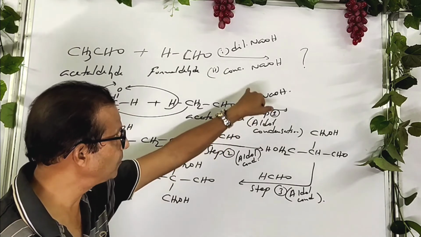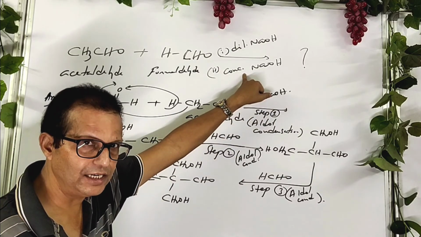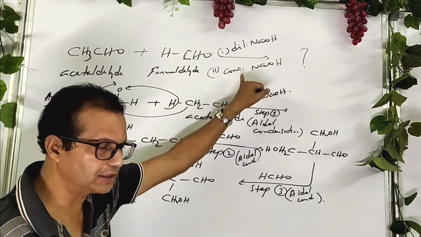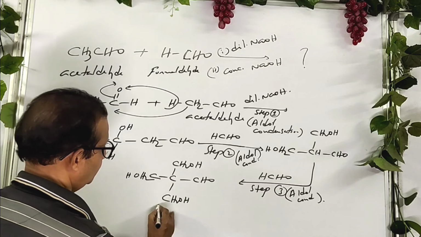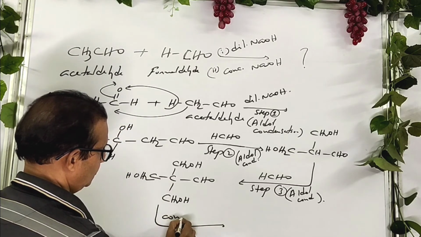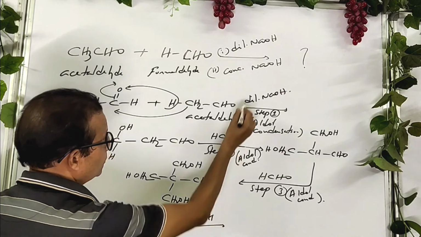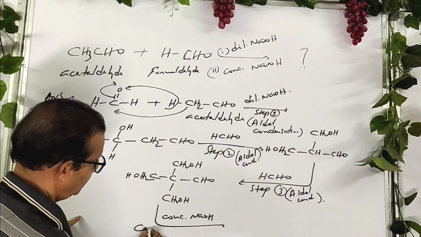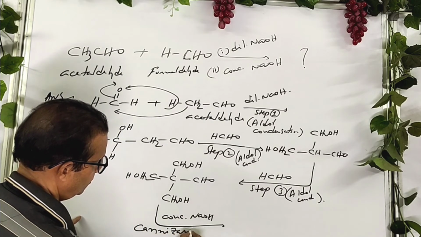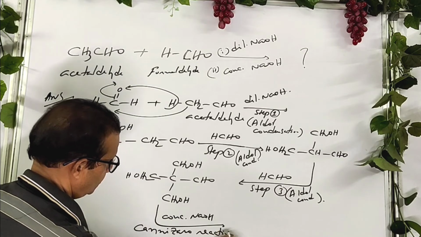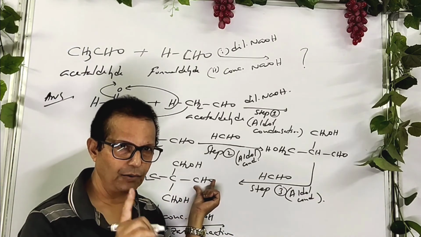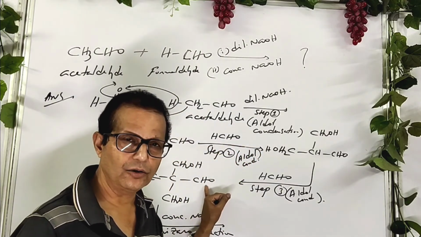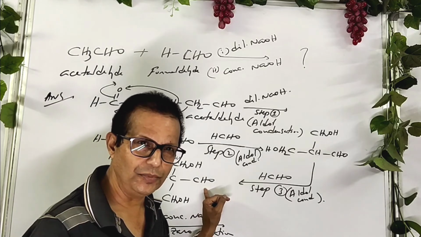So in this step, as you use concentrated sodium hydroxide, Cannizzaro reaction takes place. Here Cannizzaro reaction occurs. And you get 2 different types of product. One primary alcoholic group, another carboxylic acid. But primary alcoholic group is the major product.